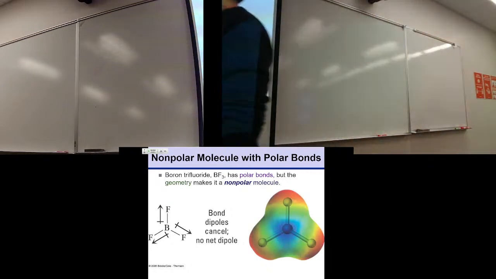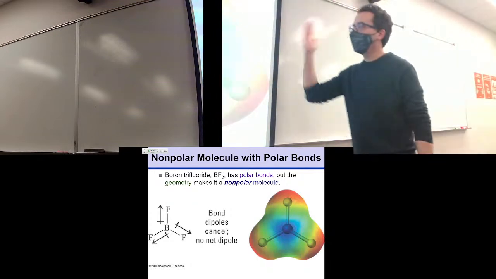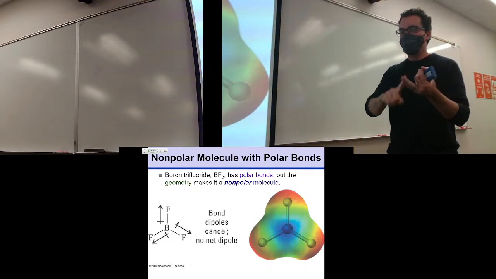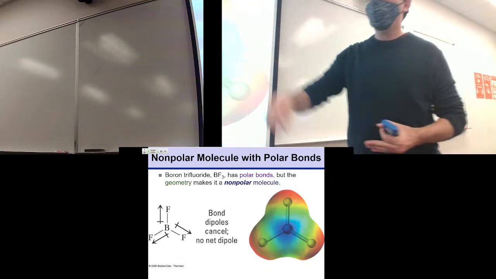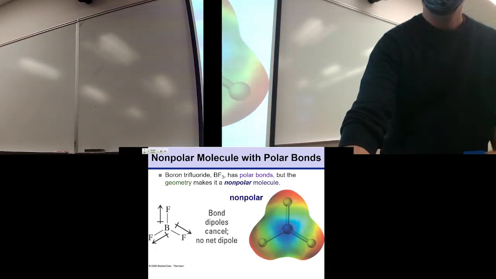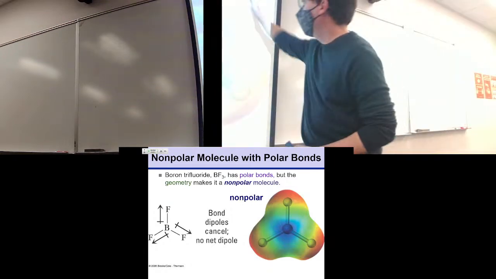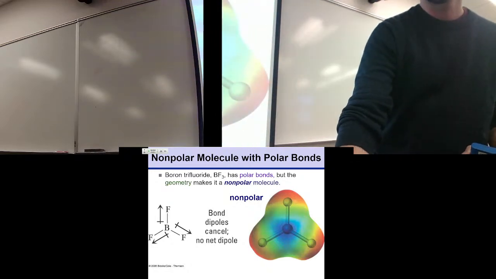For that reason, it makes this trigonal planar shape with fluorine. The electron geometry and the molecular geometry are the same, and all the fluorines on the outside have the same electronegativity. So this is nonpolar, and you can see there's no one side of the molecule that is more negative than the other.